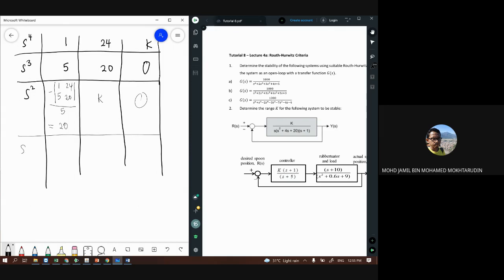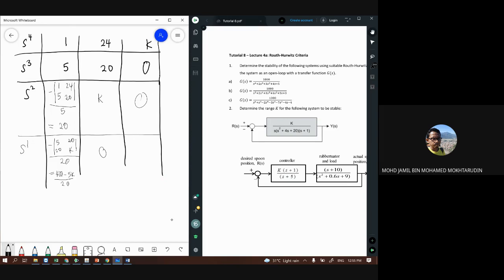And then row S1. So you get negative determinant of 5, 20, 20, K divided by 20. So you get 400 minus 5K over 20.